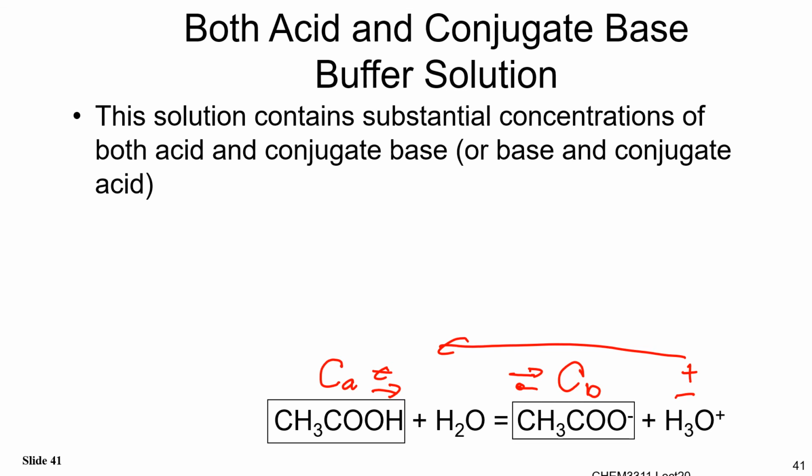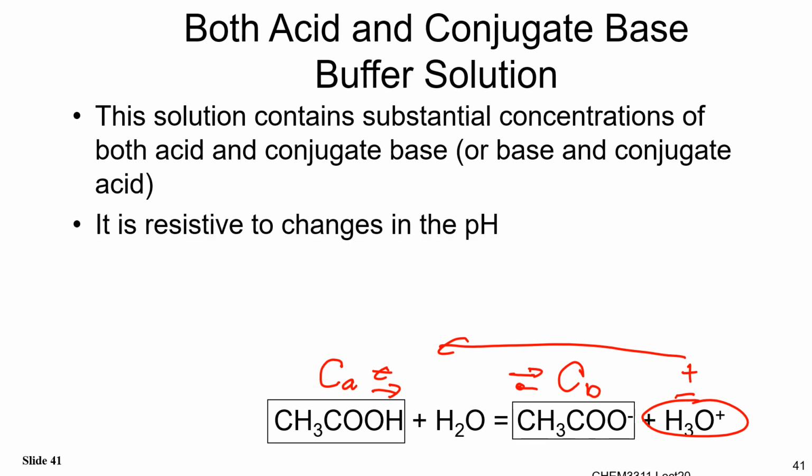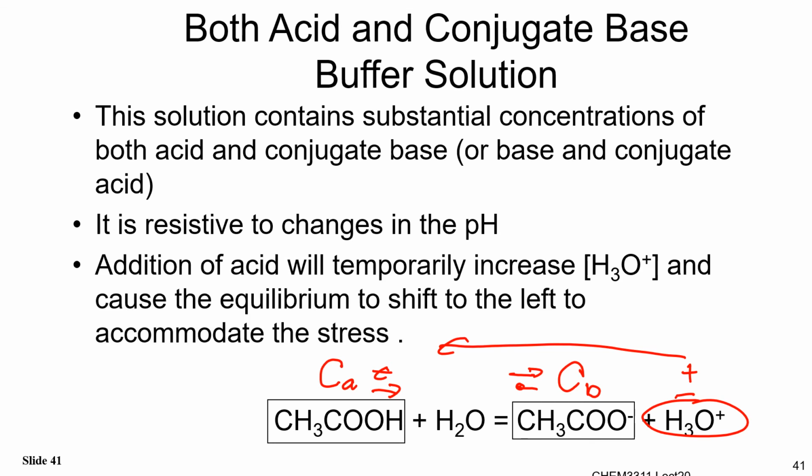In other words, the pH isn't going to change. If these two don't change, then the hydronium, when it returns to equilibrium, will be at nearly the same concentration it was beforehand. It's resisting the change in the pH. So the addition of acid would temporarily increase the hydronium, but it would shift back to equilibrium, and it would return to approximately the same pH.